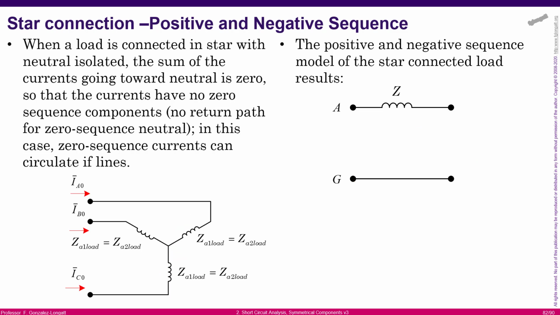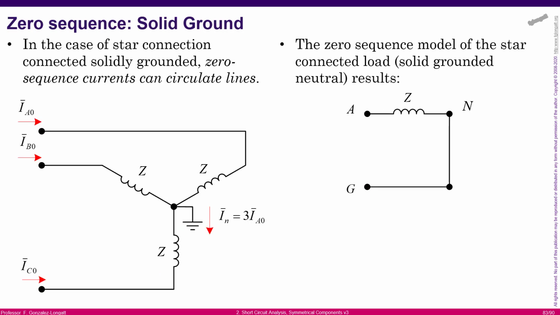Okay, but let's see what will happen if we now have the same static load represented by impedance, and these impedances are connected at the common point, the neutral point. And now the neutral point is connected to ground using an ideal connection, zero impedance.